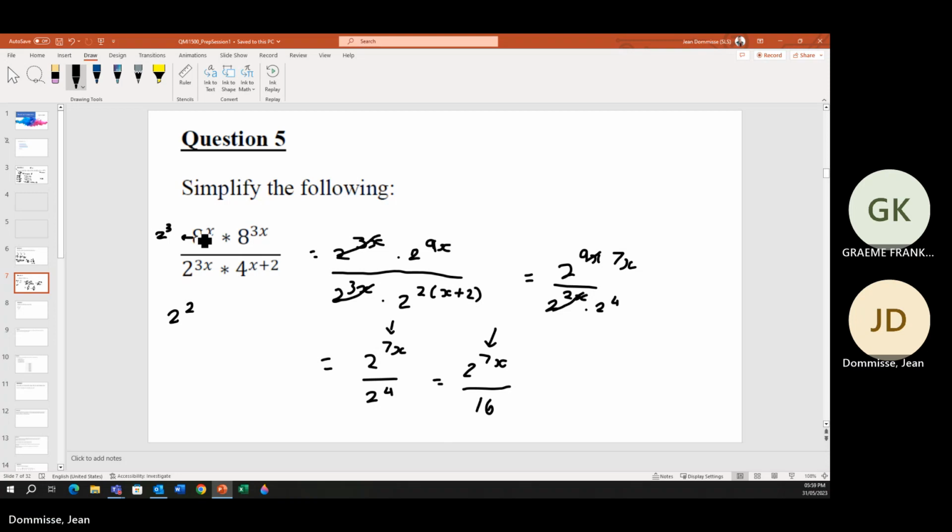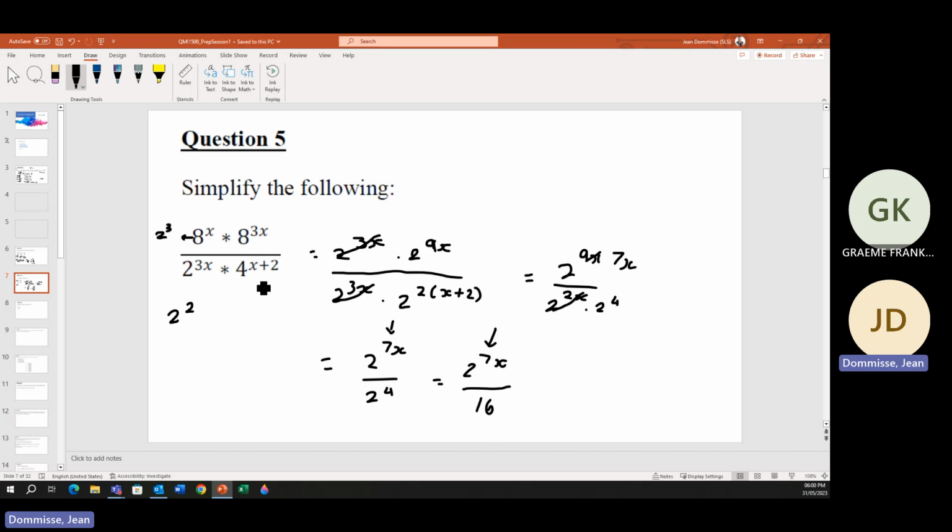Okay, but what we needed to do was, for the 8s, we needed to see, okay, if we simplify that, how can we simplify it? We can use exponents, and how we do that is 8 can be simplified as 2 to the power of 3.